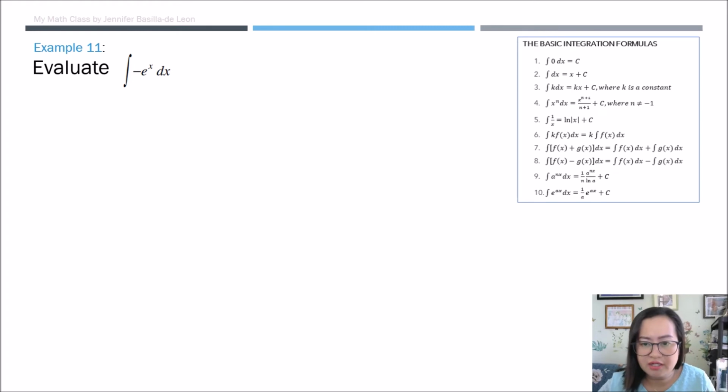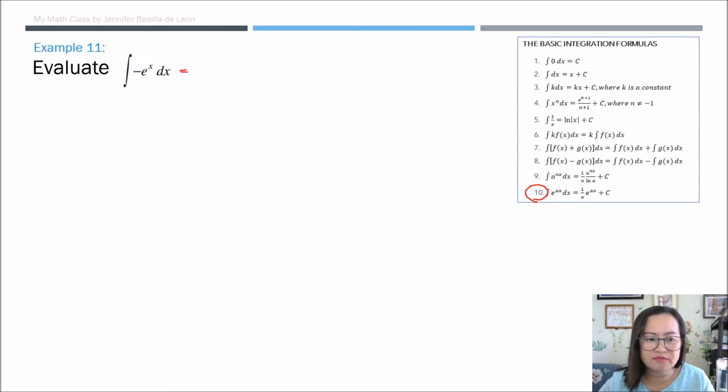Now we can apply rule number 10. So the antiderivative of this expression would be 1 over a times e raised to ax. Now this expression can be simplified using rule number 10, wherein we have to determine the value of a. In this case, we have a equals 1.